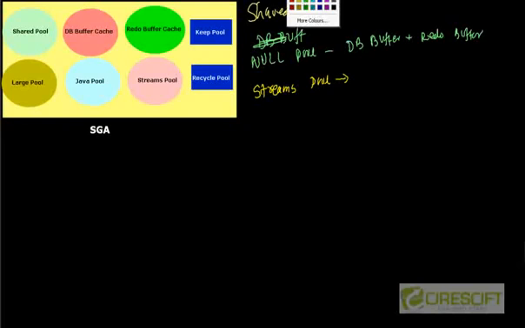Then we have something called the Java pool. You can also run Java applications inside the Oracle database, and to run a Java application you need a JVM. A fixed amount of memory for the JVM that is running in your database is allocated, and that memory comes from the Java pool. The last one is called the large pool.